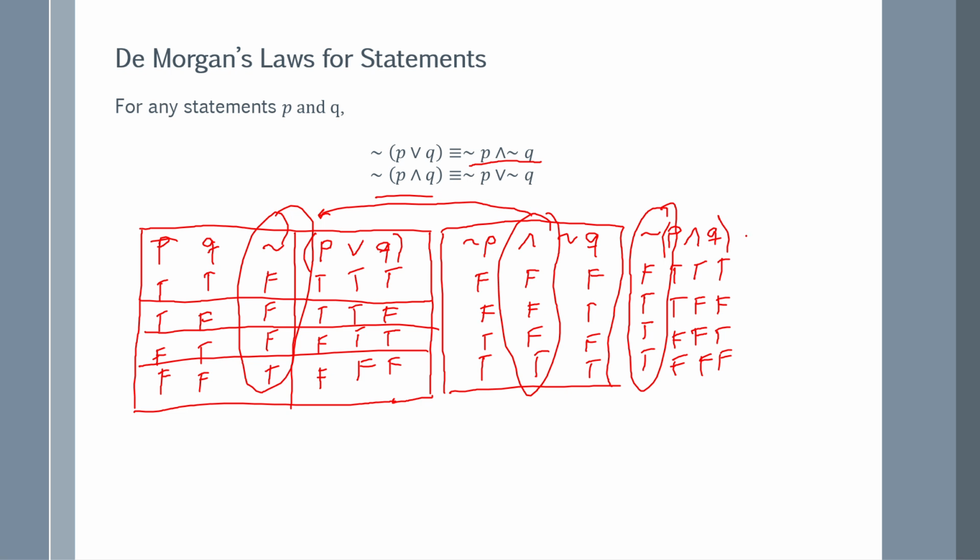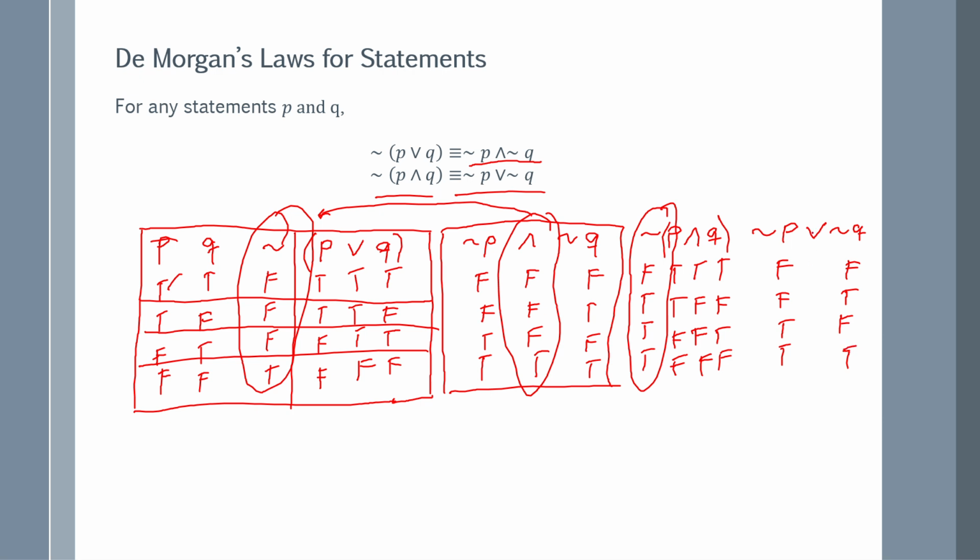So let us prove that this statement is equivalent to this statement: the negation of P, disjunction of the negation of Q. The negation of P is false, false, true, true, and the negation of Q is false, true, false, and true.